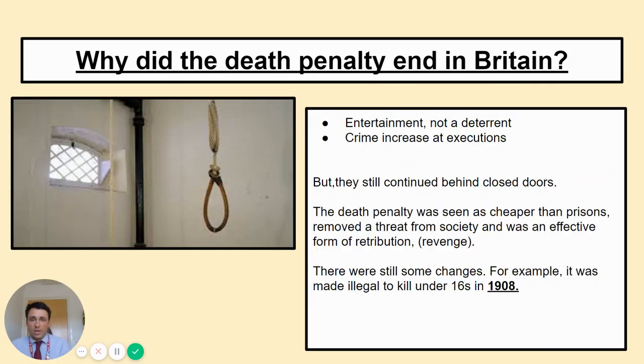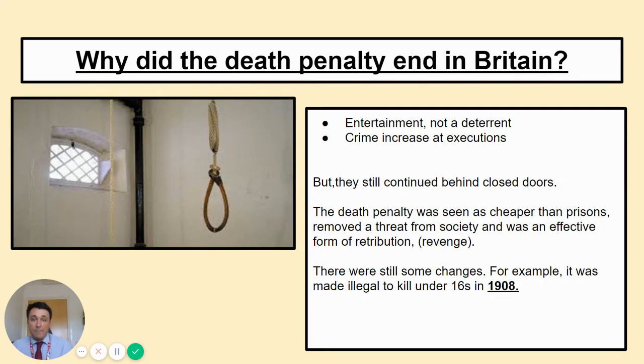Firstly, this had over time become a source of entertainment. It didn't scare people anymore. It was no longer what we call a deterrent, where it puts people off committing crimes. And actually, people would now attend these public executions. People would come from miles around to see them. There were often scenes of crime as well at the executions.